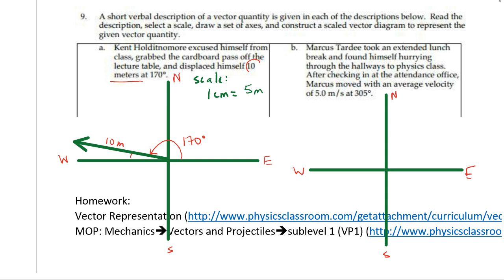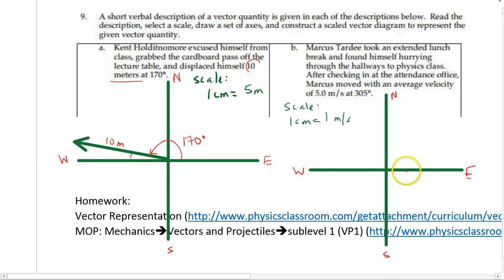I really should have started with the scale last time too, so I'll say scale. 1 centimeter equals, so I think I have enough room to physically have 5 centimeters. So if I say 1 meter per second, then my scale diagram needs to be 5 centimeters long. Okay, I hope that makes sense. Now I'll draw my arrow, and it needs to be at 305 degrees.